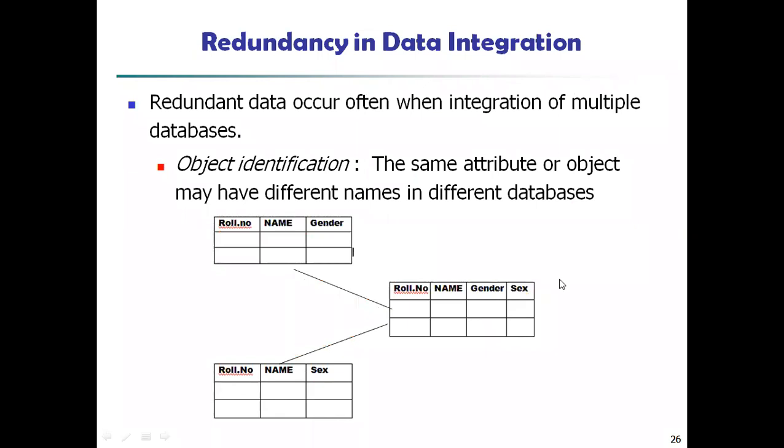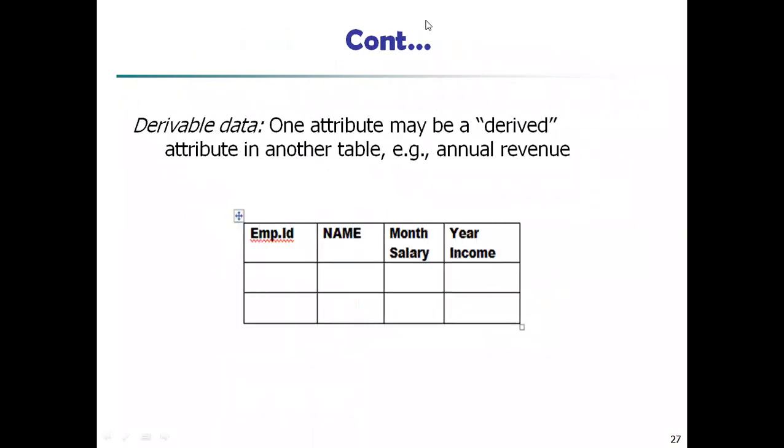And the second problem is derivable data, which means one attribute may be a derived attribute in another table, for example annual revenue. If you observe this table, it has employee ID, name, then month salary as the third column and year income as the fourth column.